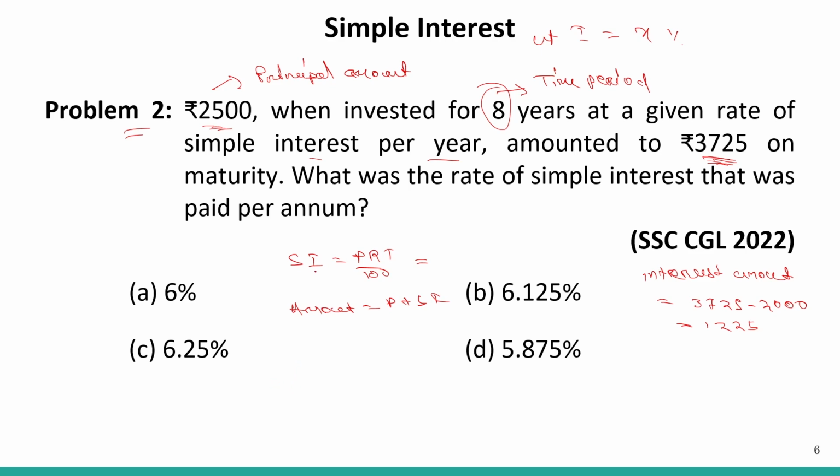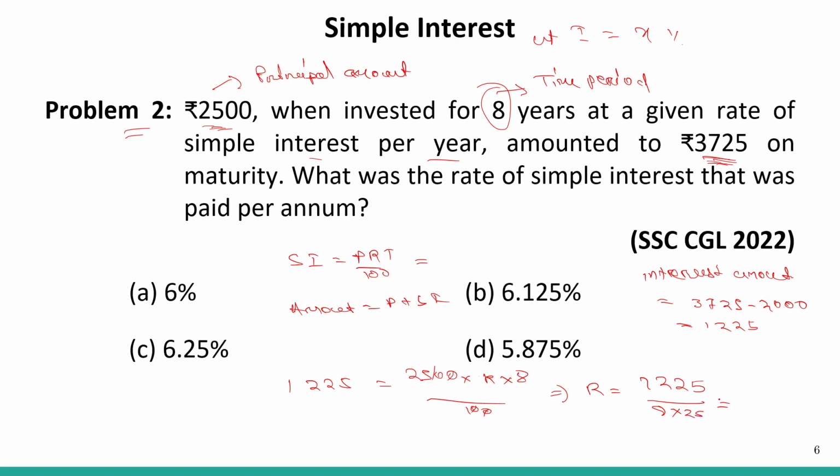Given that SI is equal to 1225, so this much is equal to PRT by 100. P is 2500 into R, which is not given, so let it be R, and T is equal to 8, right? This much by 100. So cancelling these two zeros, R is equal to 1225 by 8 into 25.